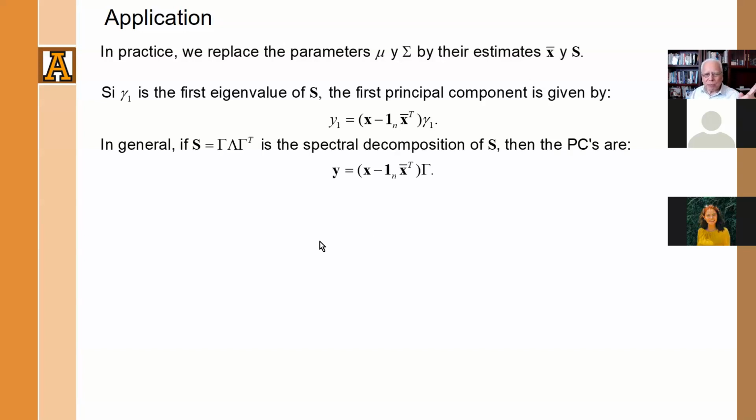And the second principal component will be defined exactly the same, but it will be orthogonal to the first one, and so on.